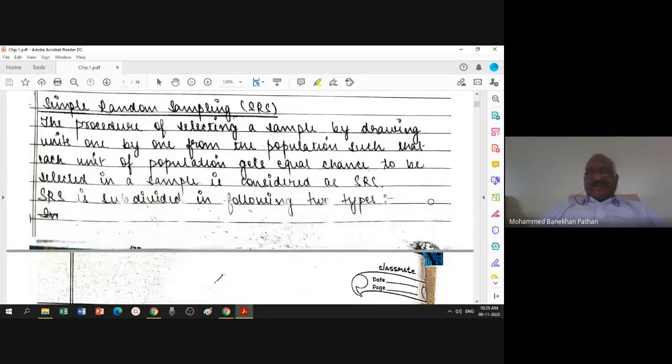SRS. The procedure of selecting a sample by drawing units one by one from the population, such that each unit of the population gets an equal chance to be selected in a sample, is considered as SRS. Now, in this definition, this word is very important.